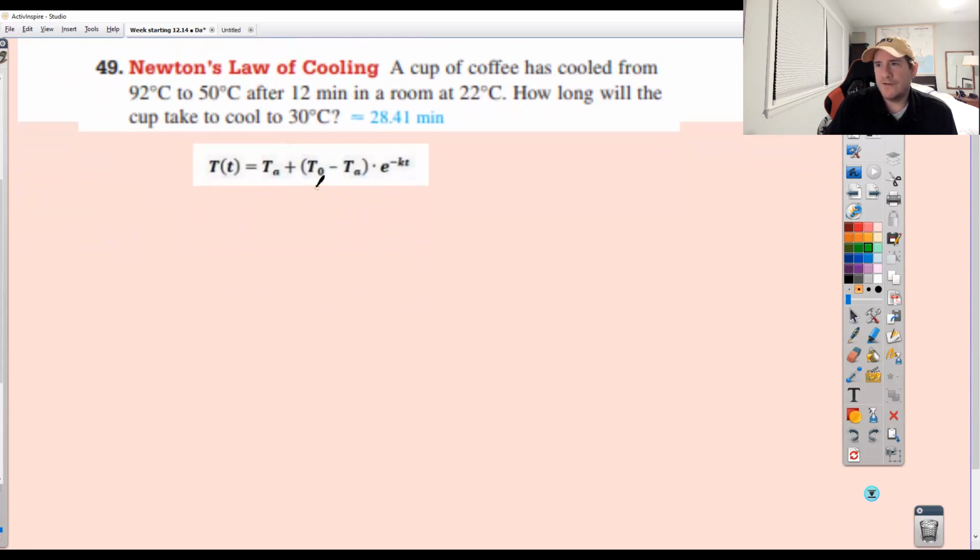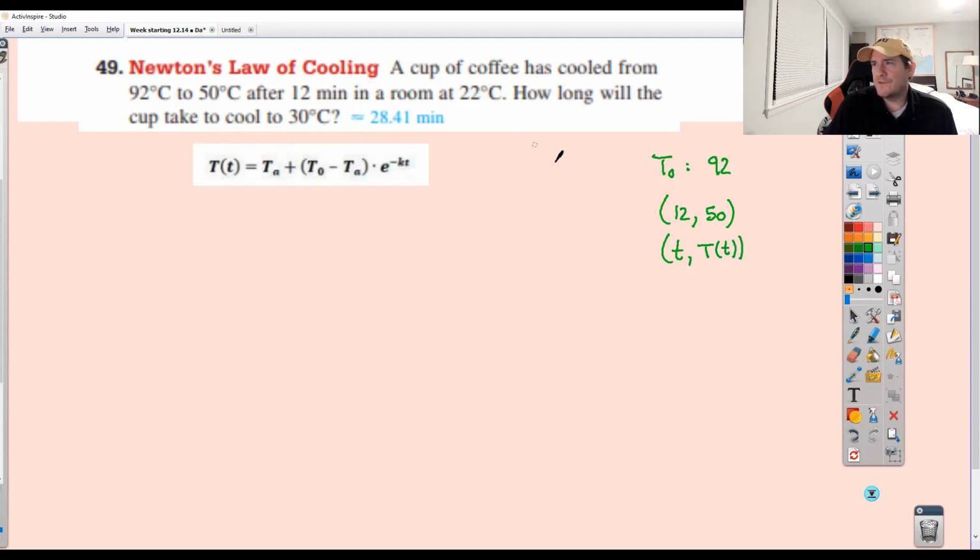That's them telling us that T naught, the initial temperature, is 92. Then "to 50 after 12 minutes" is really like an ordered pair. I'm telling you, when x is 12, y is 50. So that's basically a time associated with a temperature over time.